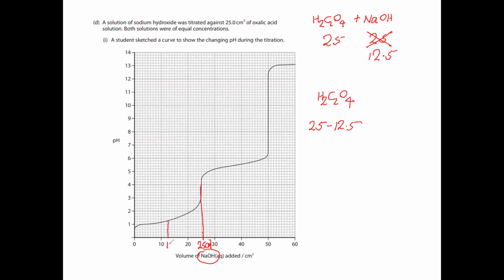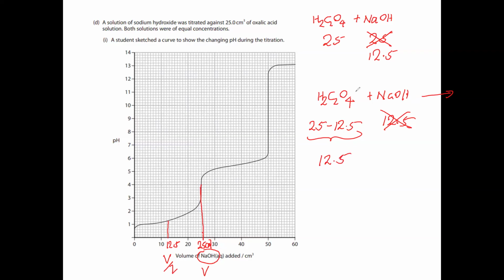This is the point where we are adding 12.5. If this is volume V, this is half of volume V. When I add half of volume V, the sodium hydroxide will be completely reacted because we are adding a smaller amount, 12.5. Let's see what products we are going to get. So this will completely react, but 25 minus 12.5 means another 12.5 is remaining.